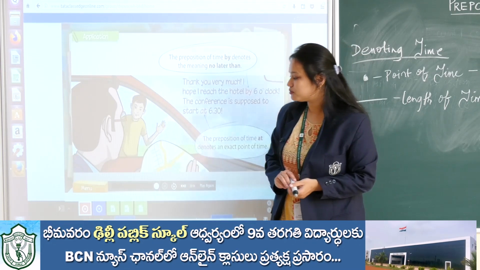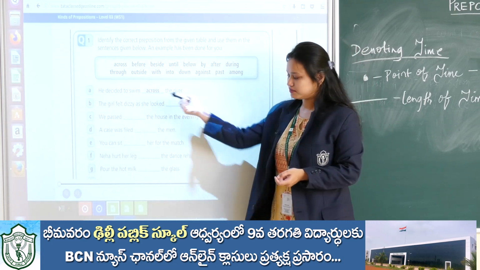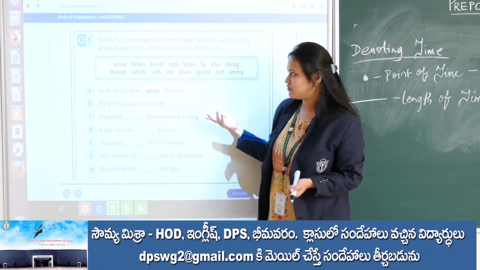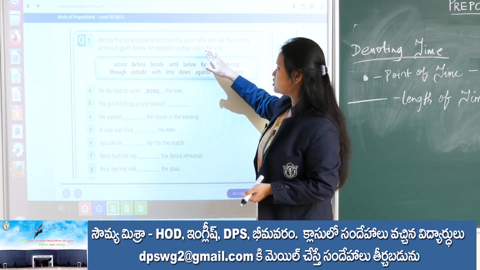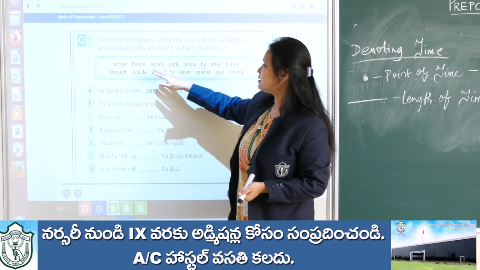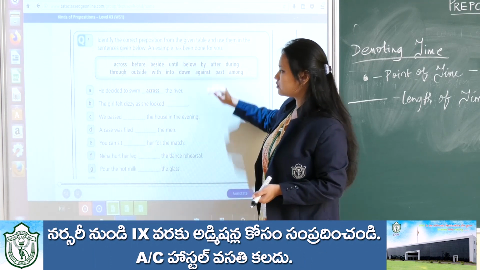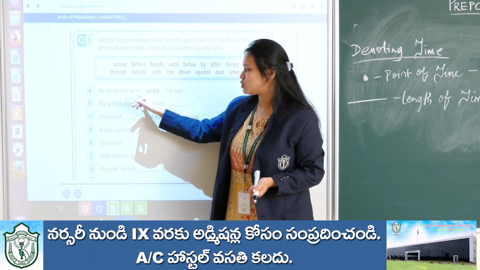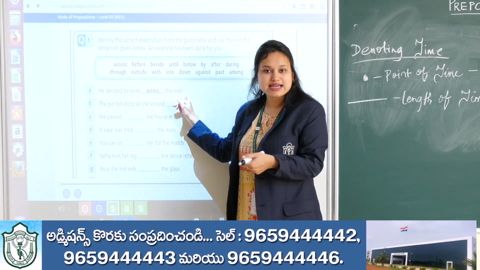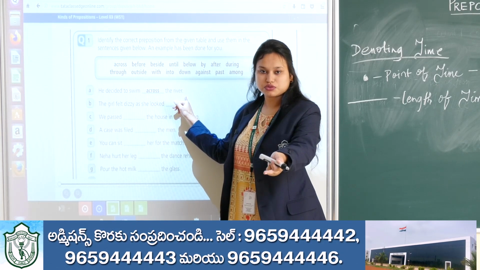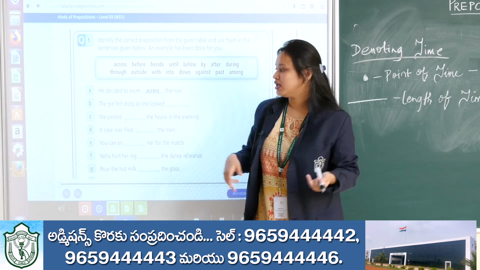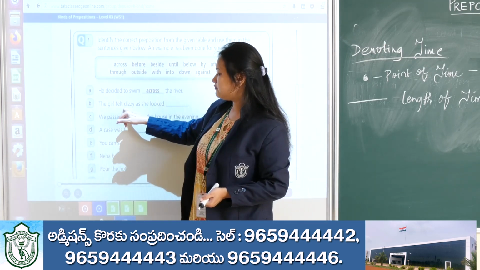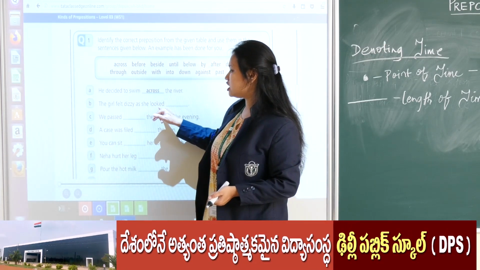Okay. So let's look at these questions and let's see if we can solve them, okay. We have to identify the correct preposition from the given table and use them in the sentences given below, okay. So he decided to swim dash the river. So he decided to swim across the river, right? Across the river means he decided to cover the length of the river. The girl felt dizzy as she looked.